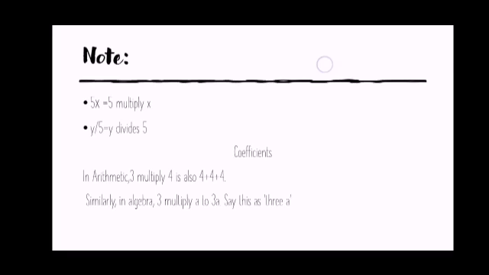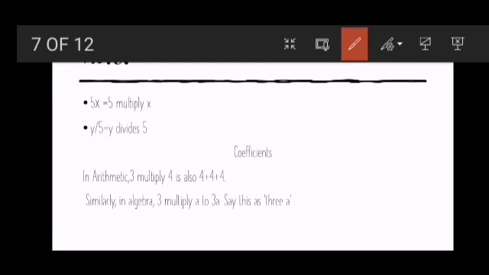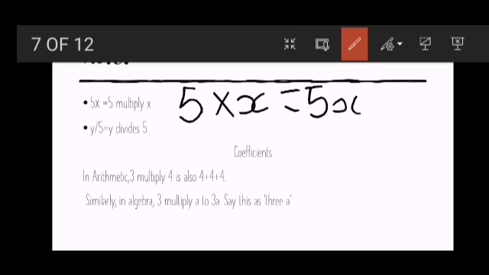5x is the same thing as 5 times x, and that is equals to 5x. If they see any word problem or anything and they say find this, if they give you 5 times another letter, 5 times y, 5 times x, is equals to 5x.